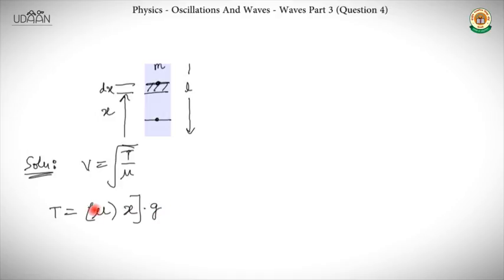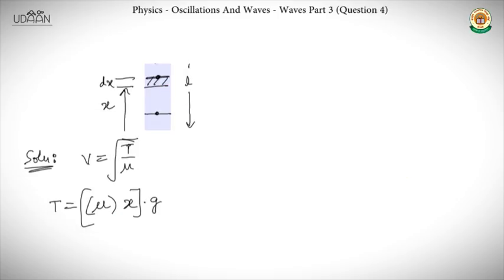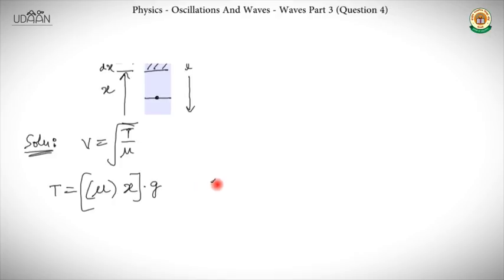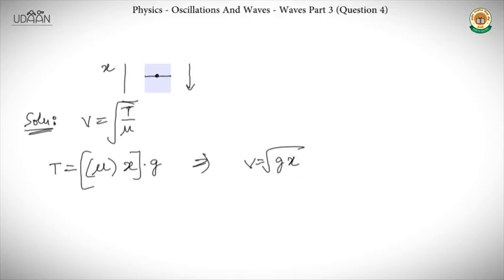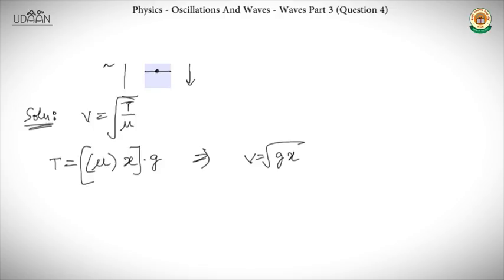So this is the tension acting at that particular height. Plug this into the velocity equation. You get velocity as under root gx. So now we have an expression for velocity as a function of x.